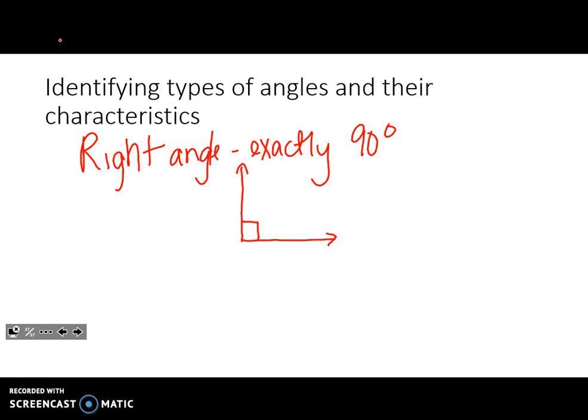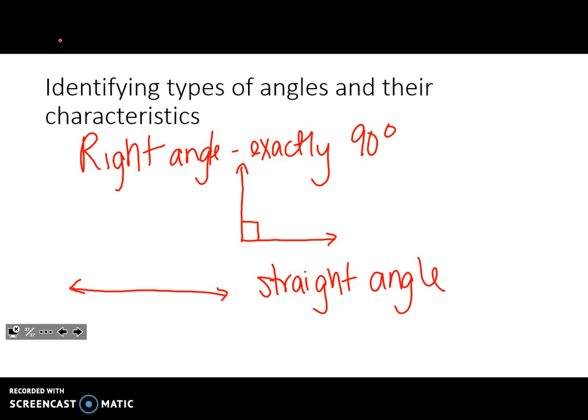All right, one that you might not be real familiar with is a straight angle. And it is exactly what it sounds like. It is a straight line, okay? Any straight line has an angle measurement of 180 degrees.